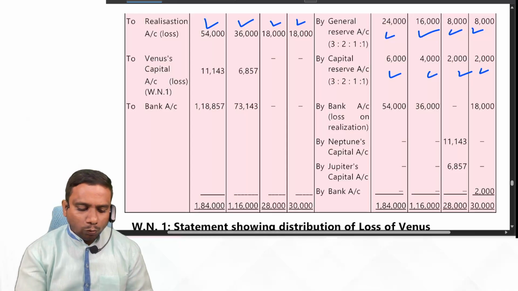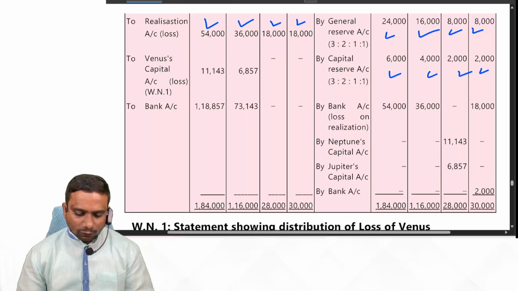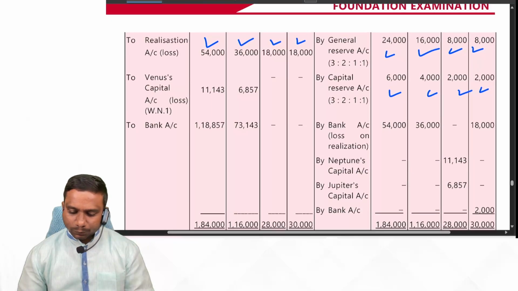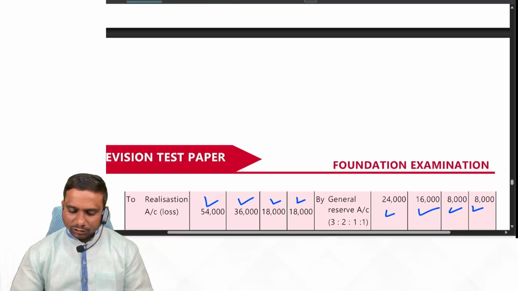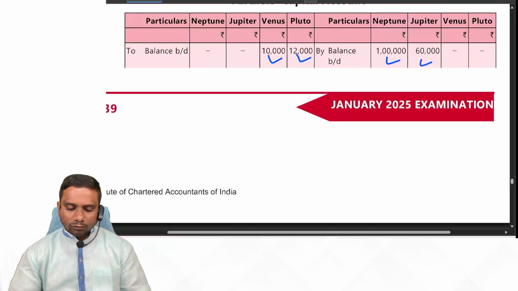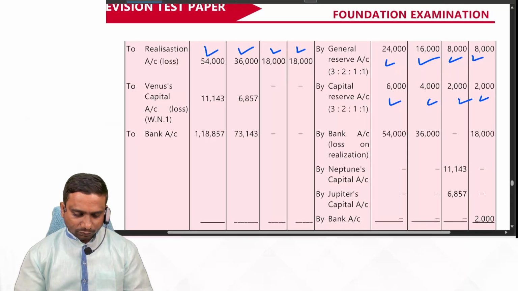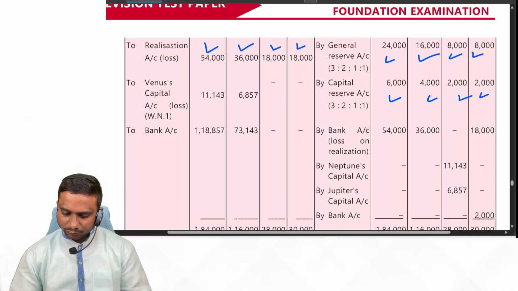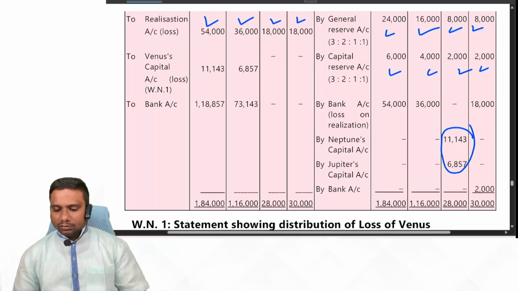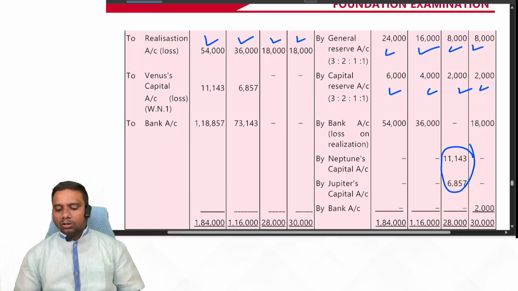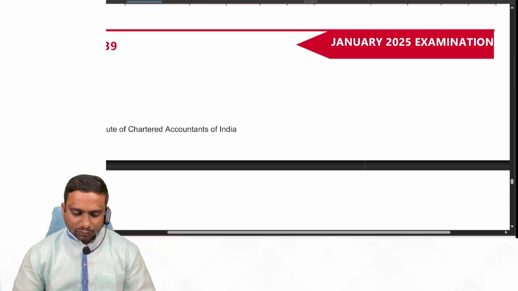Here if you observe, who became insolvent? Venus. First you balance the Venus account. What is the balance in the Venus account now? Here we get a debit balance.